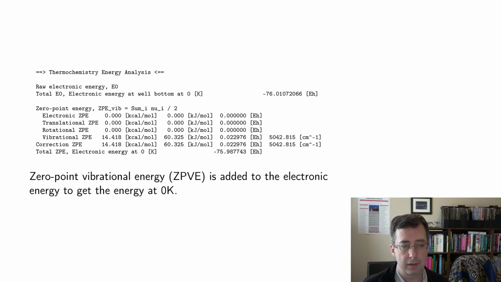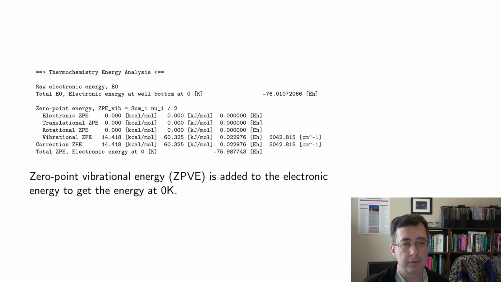The 0-point energy doesn't have a contribution from translations or rotations. It's a vibrational correction, so the non-zero values are there for the vibrational part. And then it gives you this total correction for the 0-point energy. And then the program helpfully also goes ahead and adds that to your electronic energy so that you could have a 0-point energy corrected electronic energy if you wanted that for computing a barrier height or something.